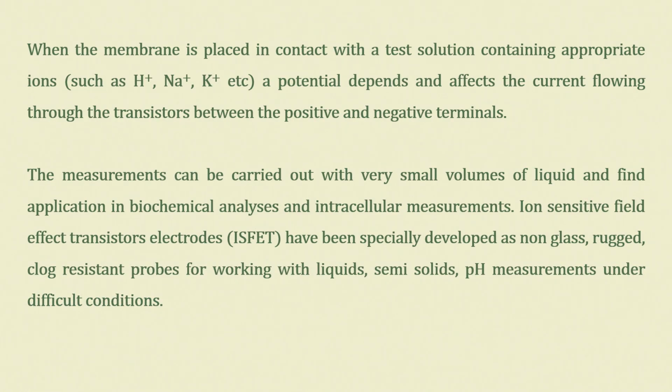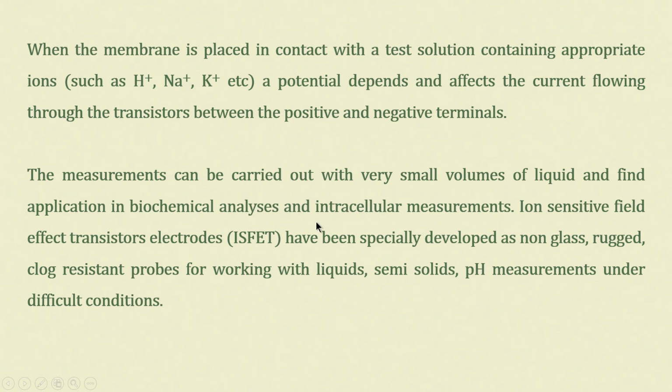When the membrane is placed in contact with a test solution containing appropriate ions, whatever we want to determine, that is hydrogen, Na plus, K plus, etc., a potential develops and affects the current flowing through the transistors between the positive and negative terminals. The measurements can be carried out with very small volumes of liquid and find application in biochemical analysis and intracellular measurements.